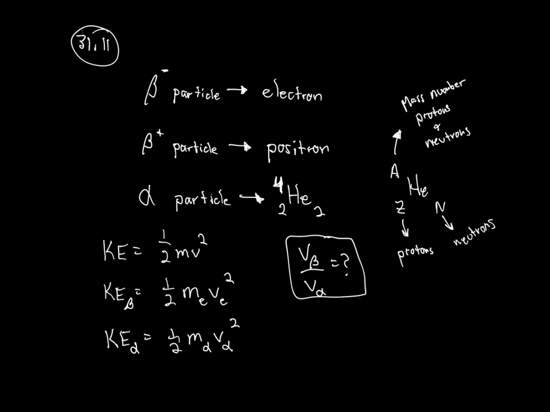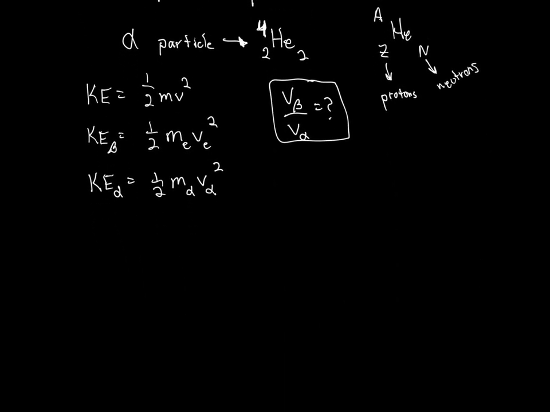That means I can set these two kinetic energies equal to each other. Kinetic energy of beta is equal to kinetic energy of alpha. So I take 1/2 mass of the electron, which is the beta particle, times velocity of the electron squared, equals 1/2 mass of the alpha particle times velocity of the alpha particle squared.